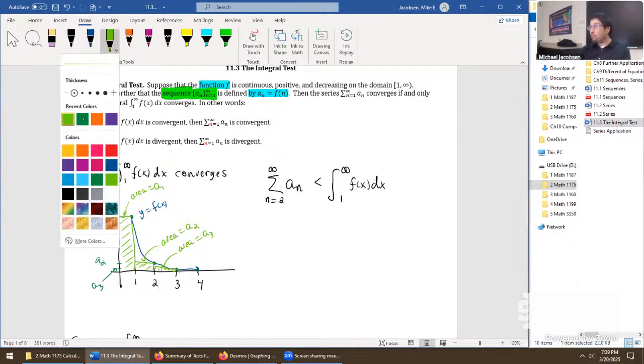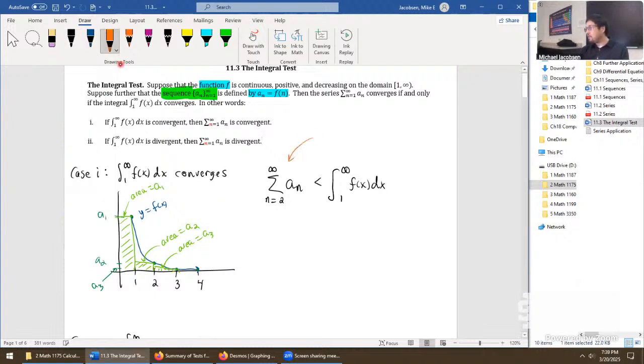However, here's another really important concept. Convergence and divergence of any series whatsoever does not depend on finitely many terms.